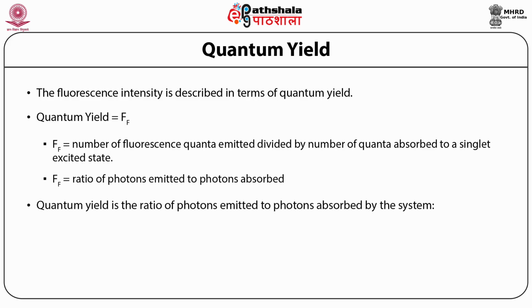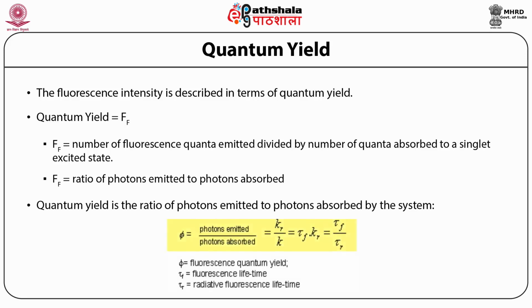Quantum yield is the ratio of photons emitted to photons absorbed by a system, given as Kr by Kt, which equals tau f into Kr, which equals tau f by tau r, where phi is the fluorescence quantum yield, tau f is the fluorescence lifetime, and tau r is the radiative fluorescence lifetime.